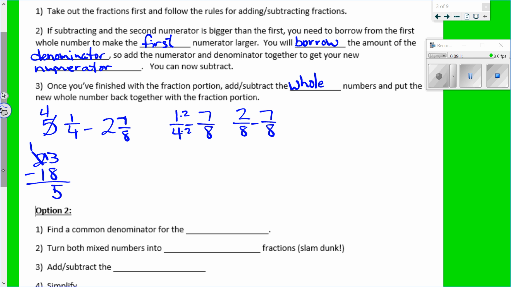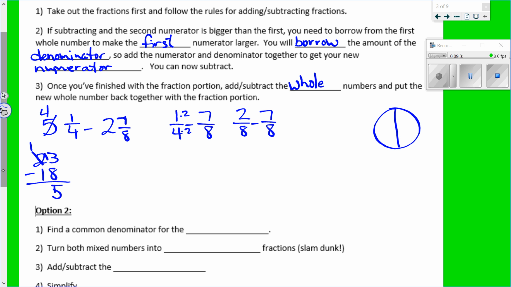1 whole. Now here is the beauty of fractions. I just borrowed 1 whole, right? So if I now have 1 whole, I can make that any fraction I want to, right? If I made it halves, how many halves would I have? 2 halves, right?